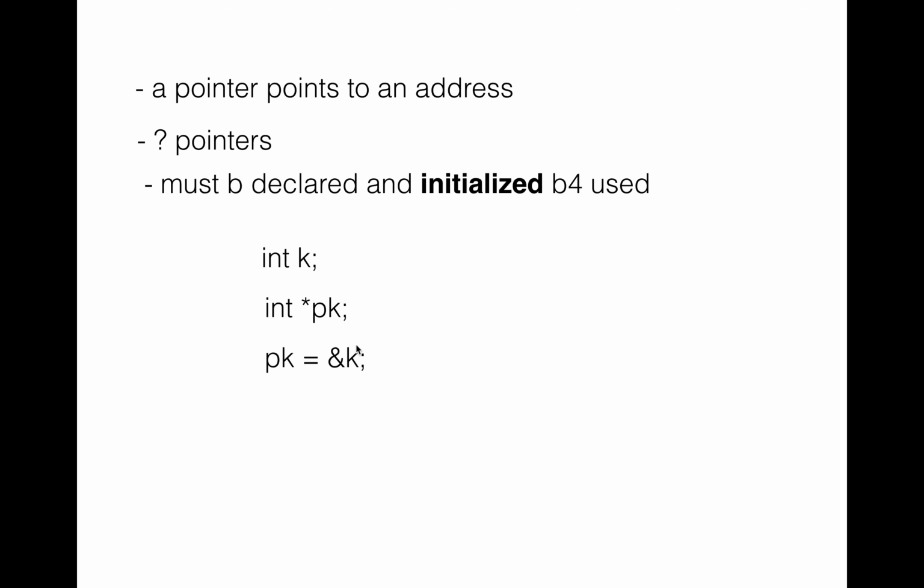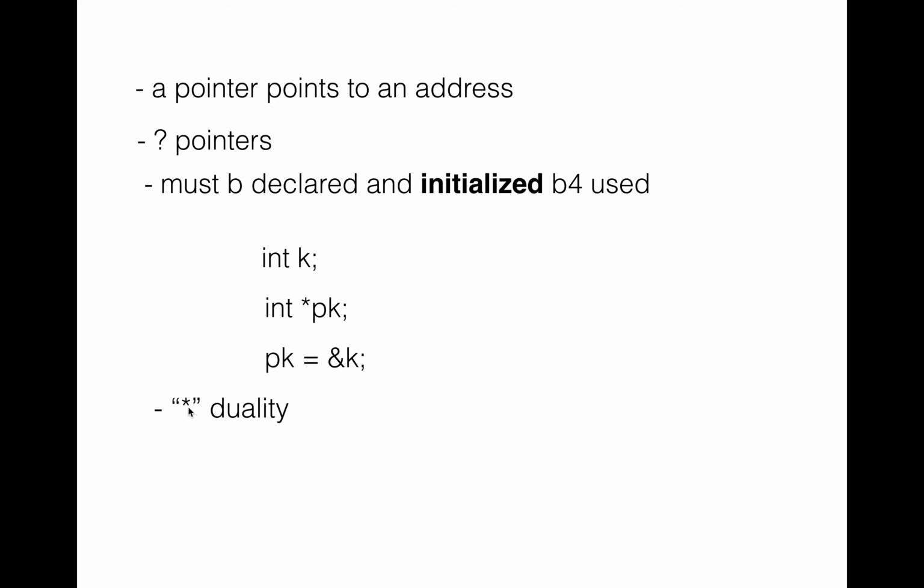Once a pointer has been declared and initialized, we can make use of pointers within the program in two ways. That is called pointer duality. Within the program, we can refer to the pointer without the asterisk operator and with the asterisk operator.